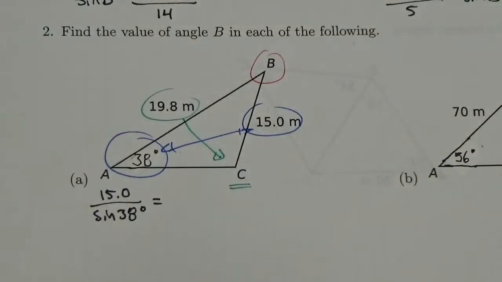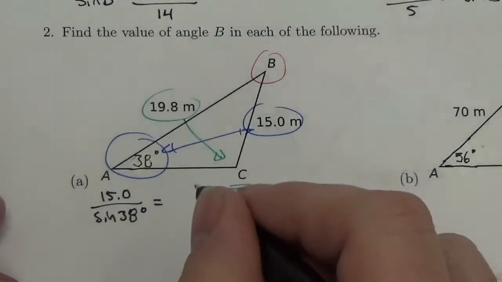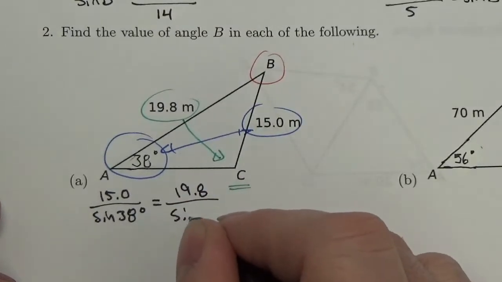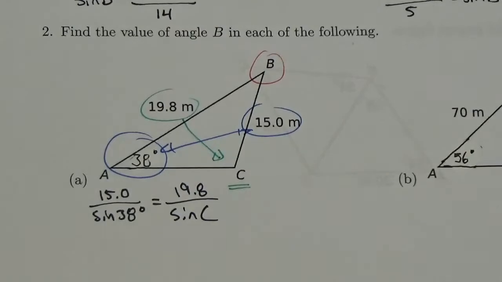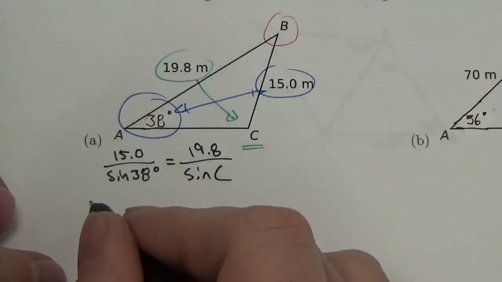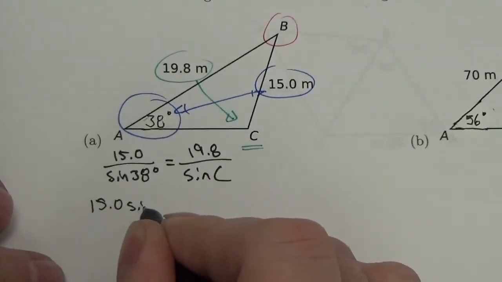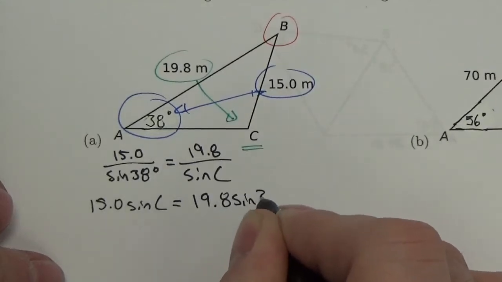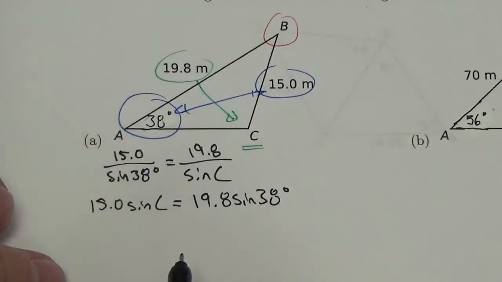Okay, well everybody, that means the only thing I can solve for is angle C. I can't get B right away here. So this has got to be 19.8 divided by the sine of C. Okay, well, carry on. Keep moving forward with this. So that is 15.0 multiplied by the sine of C, and this is 19.8 times the sine of 38 degrees when you cross multiply.